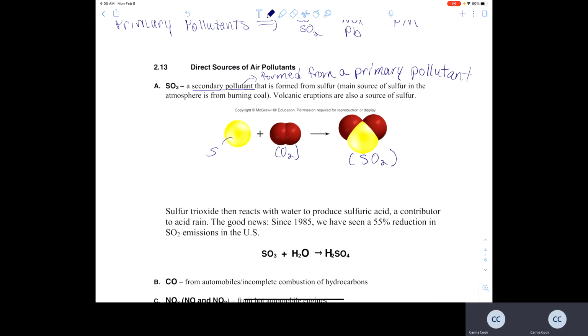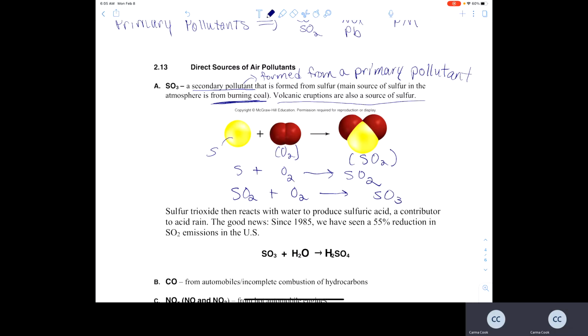And so the source of this sulfur mainly is from burning coal, but also volcanic eruptions are a source of sulfur. And so this reaction, you have S plus O2 producing SO2. And then the SO2 that is formed will react with oxygen in the air. And that's how SO3 gets formed.